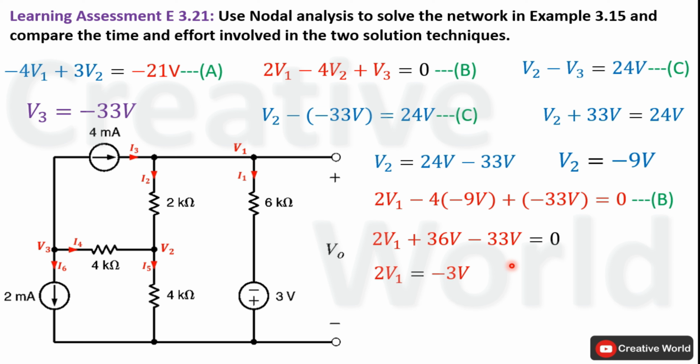Again it will become minus 3 volt. In order to calculate the value of V1, divide on both sides with 2. So the value of V1 will become minus 1.5. And as we discussed earlier, V1 will be equal to V0 because of the parallel connection. So we can say that the value of voltage V0 inside this network is also minus 1.5 volt.